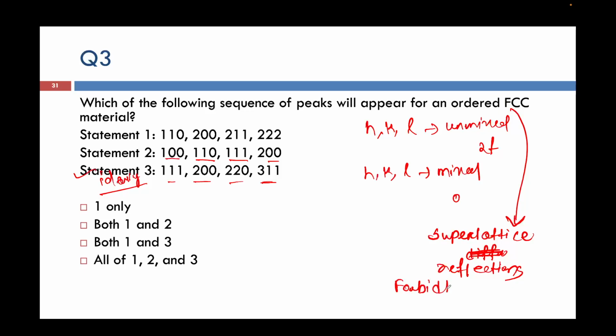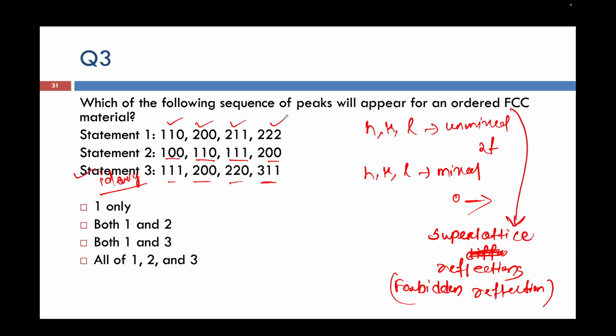Remember, some reflections are forbidden: mixed zero means those reflections will not appear in our diffraction pattern. In an ordered crystal the forbidden reflections will occur. So 110, 200, 211, 222 ideally should not come in an FCC lattice, but since it is an ordered FCC material, all the forbidden peaks will also appear.